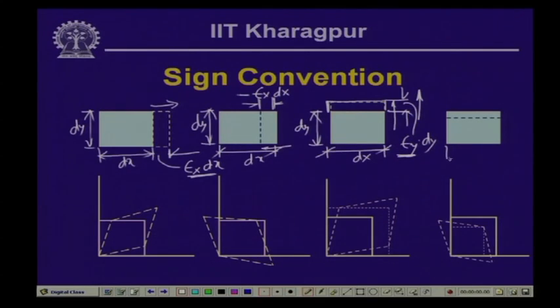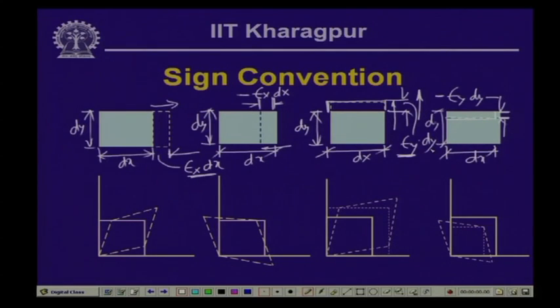In this figure again the element length is dx and this is dy. Here this part has come to this position, wherein the compression of this element is epsilon y dy, but since it has undergone compression, epsilon y here is negative. That is how we define positive and negative normal strain.